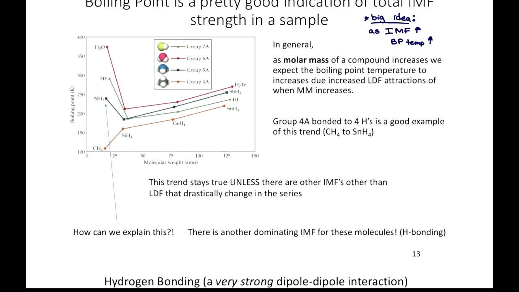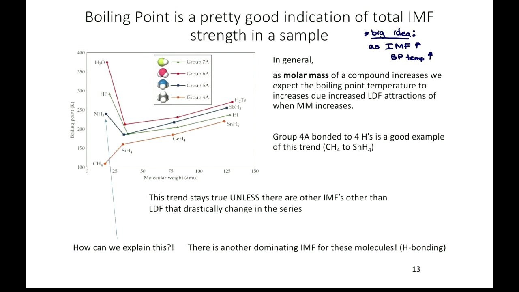So if you haven't noticed already, boiling point is a really good indication of total intermolecular forces in our sample. We already looked at it going down a group, like neon, argon, krypton. We saw boiling point increase. Fluorine, chlorine, bromine. Boiling point increase. So let's look at some other ideas too.